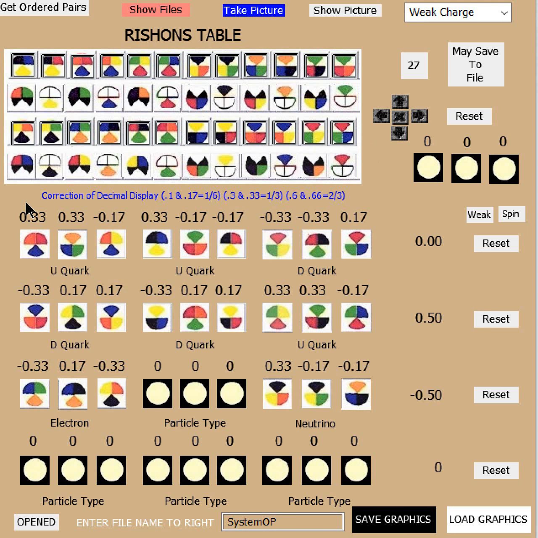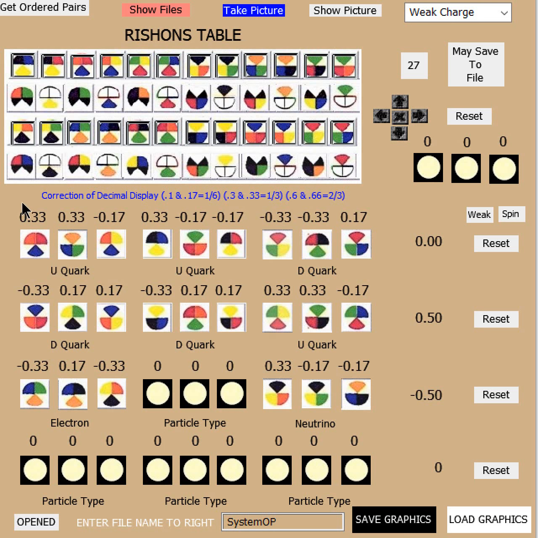Note the interrelating generic Rishons here. Half of this first row will include the T, and the other half will be the V generic Rishons.